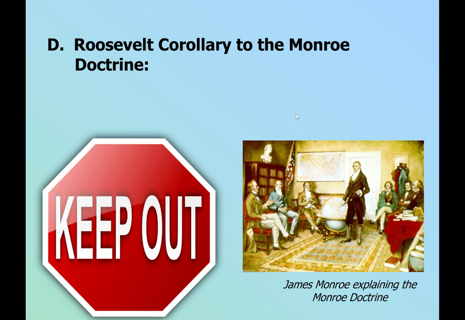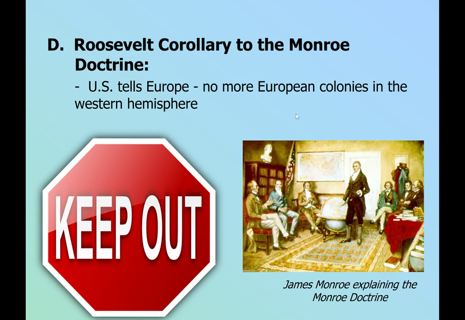So the Monroe Doctrine came out back in 1824. This is when the United States tried to say to the world, hey, the Western Hemisphere is ours. Okay, so the United States told Europe, don't come over here. Like, you guys can make colonies wherever you want, but don't build any more colonies in the Western Hemisphere. That means in Latin America and South America.